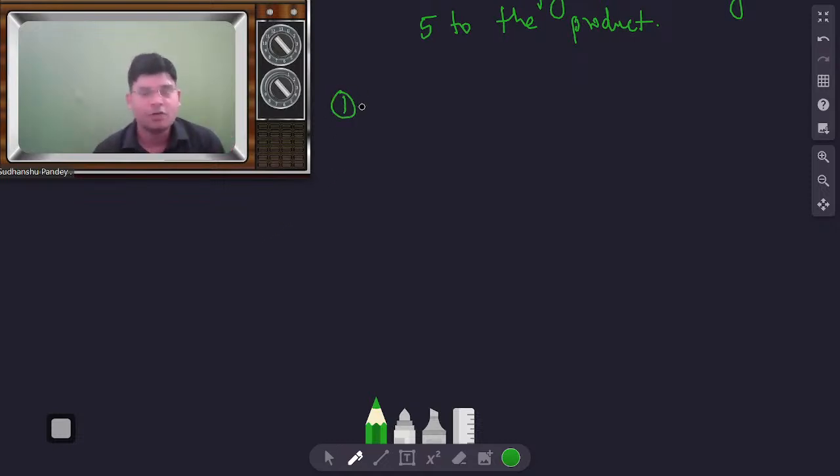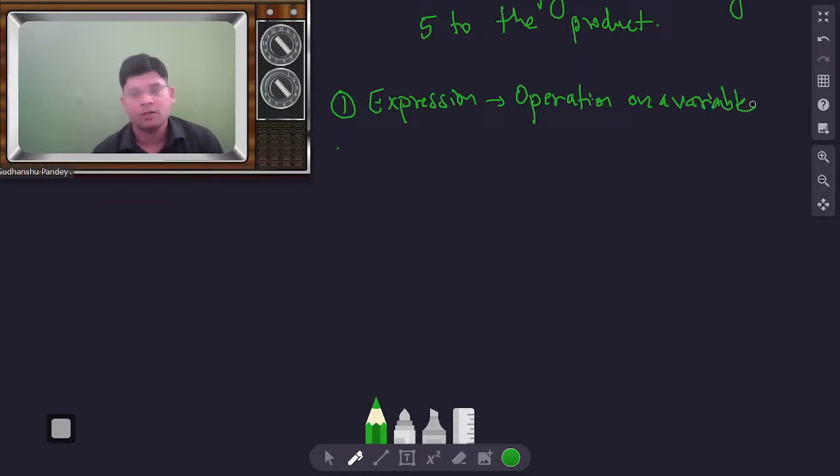So first we all understood what is an expression. Expression means it is an operation on a variable. Now variable you all know, whose value is not fixed, no fixed value.